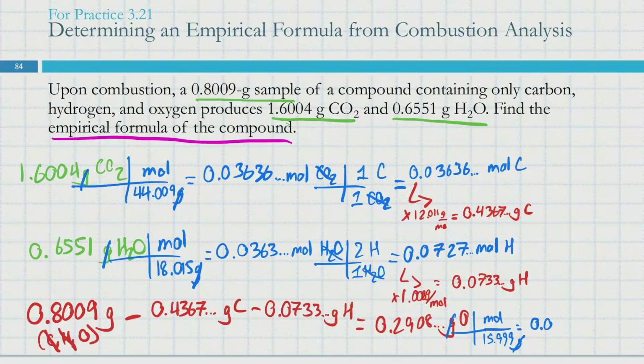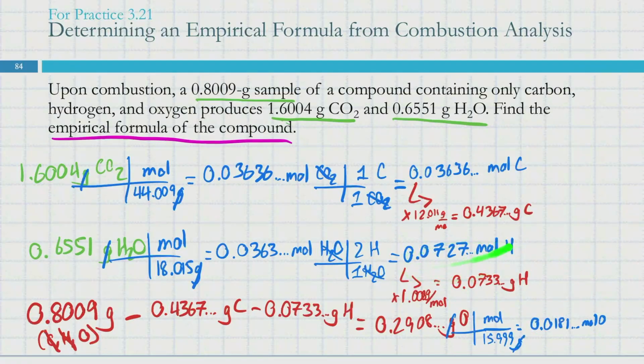So 0.0181 and some change moles of oxygen. Okay, so now we're past the grams, we're to the mole part. So this is like the second step of our empirical formula process.